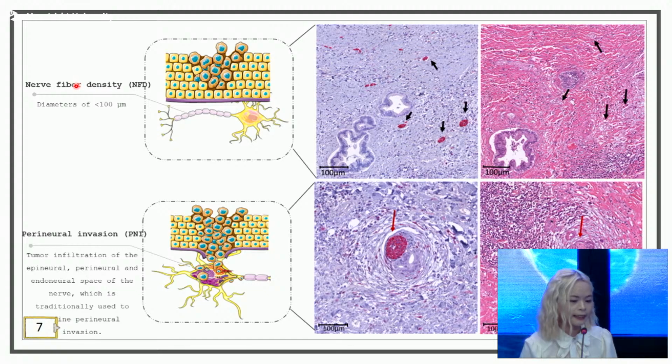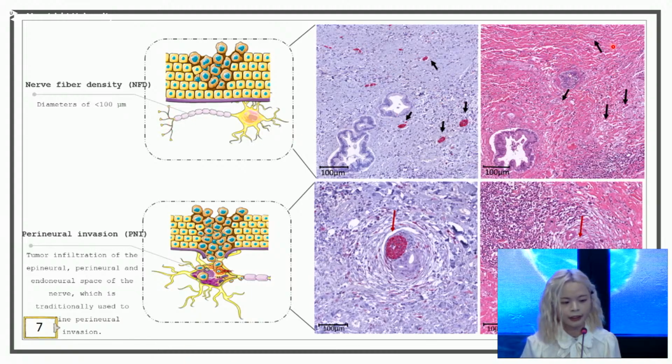Nerve fiber density in this thesis is defined as the number of nerve fibers with a diameter less than 100 micrometer counted in 20 continuous fields at 200 times magnification.